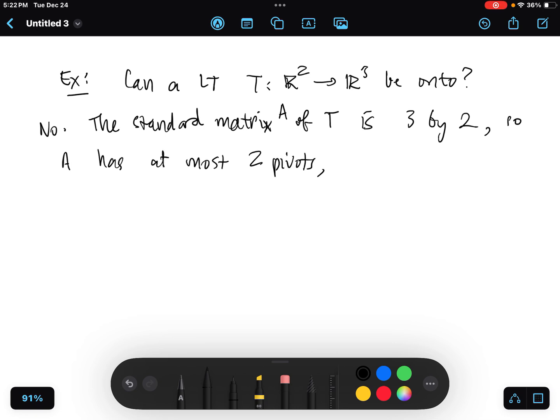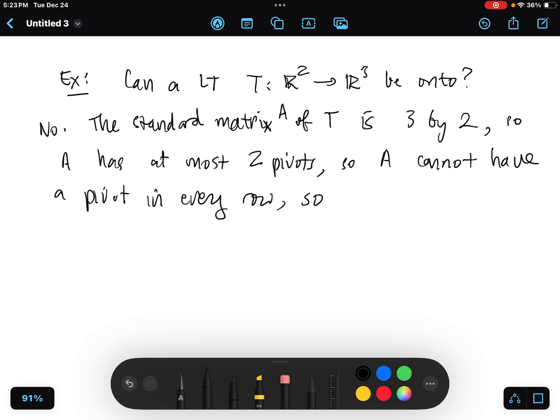A has 3 rows and 2 columns, and since 3 is more than 2, A has at most 2 pivots, so A cannot have a pivot in every row. So T is not onto. So T is never onto.